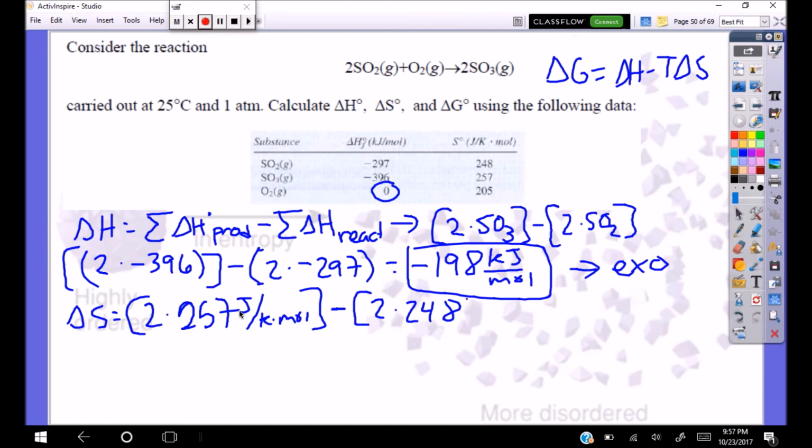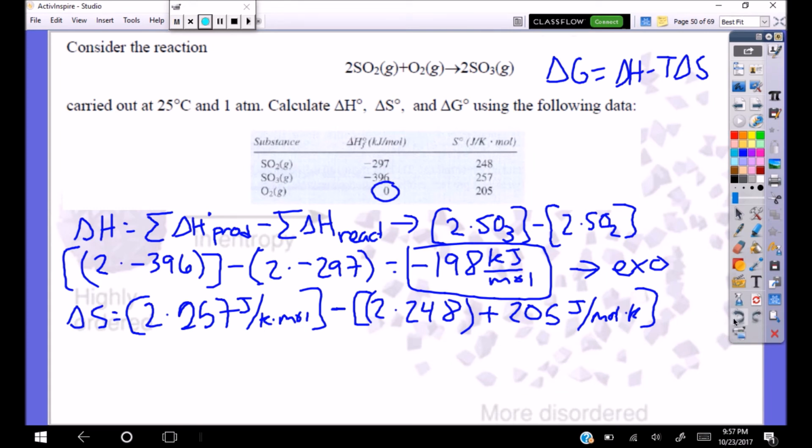plus 1 times my oxygen value, which is 205 joules per mole K. All right, so we've got SO3, SO2, and my oxygen.